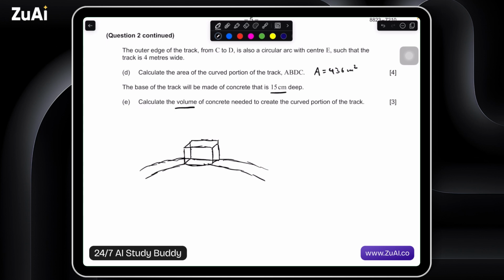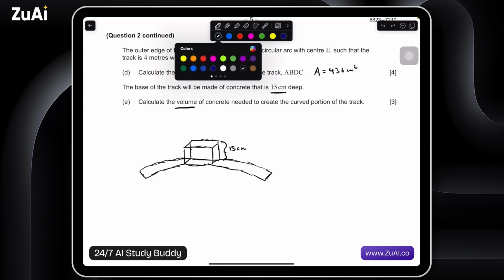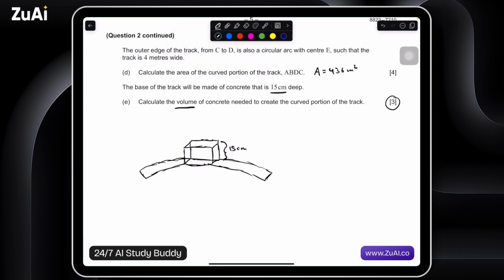This is a little accentuated, but if we know the area of our track, and this is just a section of it, and we want a depth of 15 centimeters. Volume itself is just length times width times height, or area of the base times height. So if we already have the area of the base, we should be able to just multiply it by the height and be done. But why is this a 3-mark question?